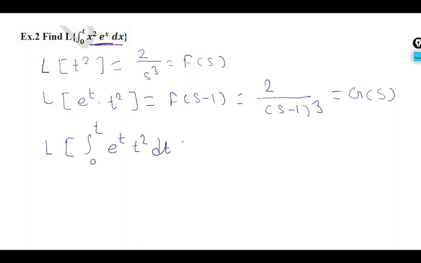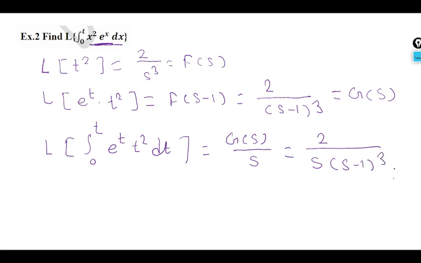Now I have not used the x variable, that's okay, you can write t or x, the inner variable is like a dummy variable because limits are there. You can write anything inside, e raised to z, z square dz also. So that is g of s upon s, and the final answer will be 2 upon s into (s minus 1) whole cube. Okay, so that is example 3.